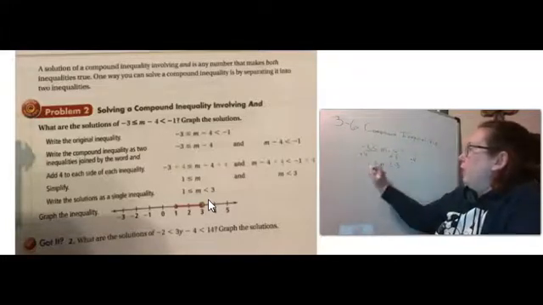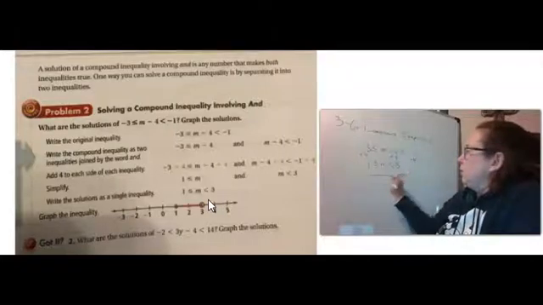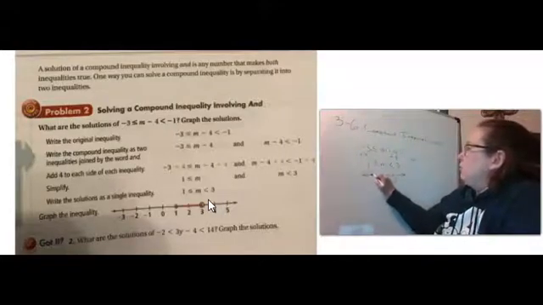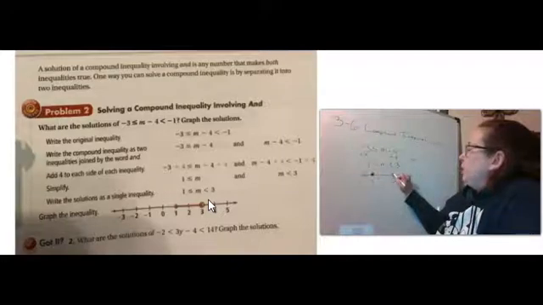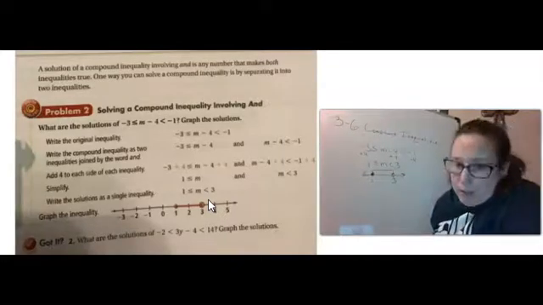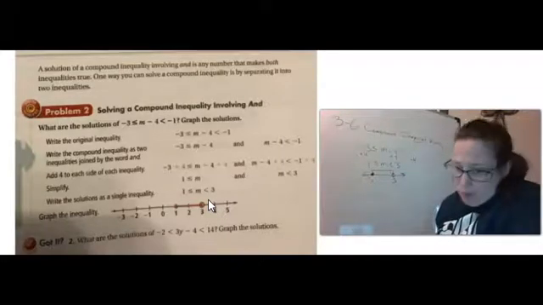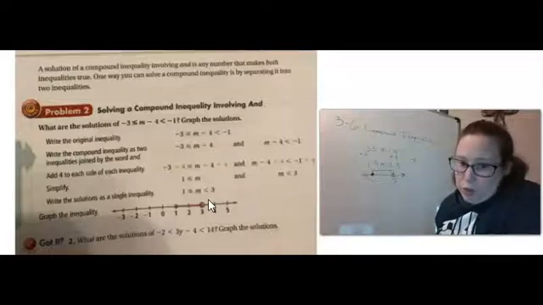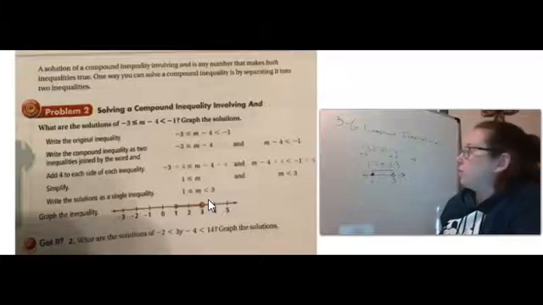So here we have our solution, and we can go ahead and graph it and say we have a closed circle here, an open circle here, and it's an and, which means they're going to come together in the middle. Go ahead and try Got It 2. Pause your video, try Got It 2, and then come back for that solution.